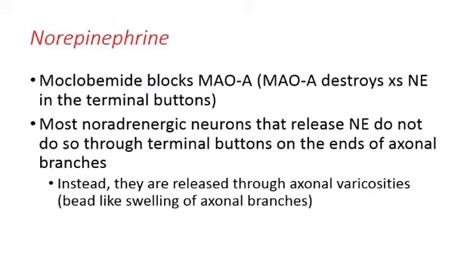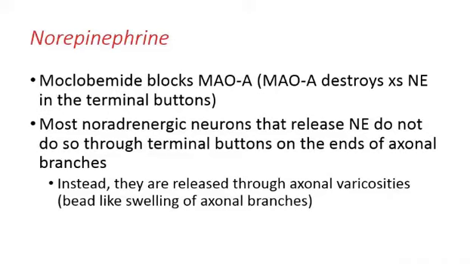Moclobemide blocks the monoamine oxidase A enzyme. MAO-A destroys excess norepinephrine in the terminal buttons. Most of the noradrenergic neurons that release norepinephrine, though, don't do so through terminal buttons.